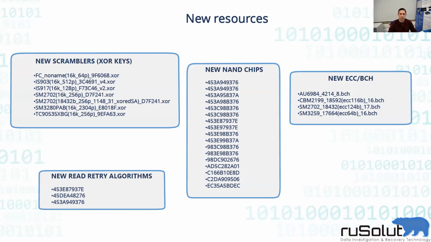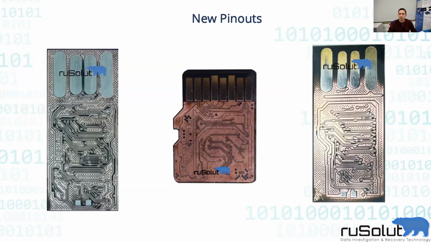It's new XOR keys, new memory chip configurations, ECC and read-retry algorithms. All these resources are already available in the database. Also, new pinouts have been found, 2 pinouts for UFD drives and 1 for microSD. That's the new resources.